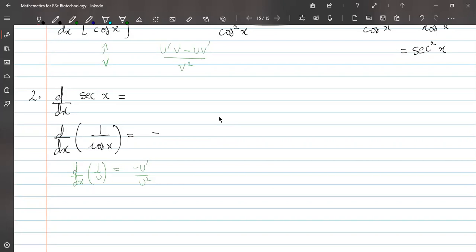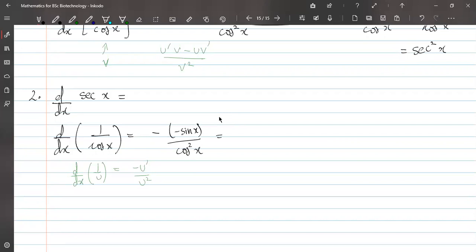Okay, so either from quotient rule or from this special case, this is minus u dash. u dash is the derivative of cos x, which is minus sin x, divided by u square, so that's cos square x.